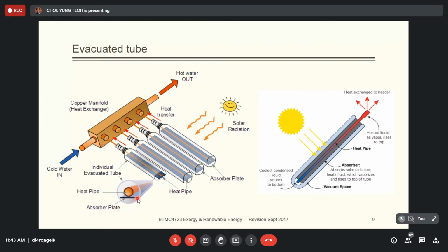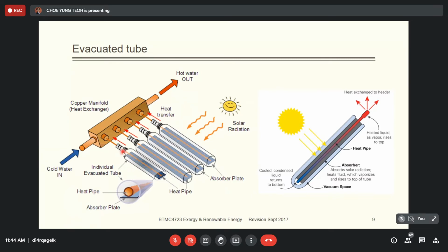But of course, you are not able to make the conduction zero because you need to hold the tube inside the pipe. Whichever way you hold, the heat can transfer out to where you contact the surroundings. Maybe at the support, you contact with the glass, so it will transfer to the surroundings.